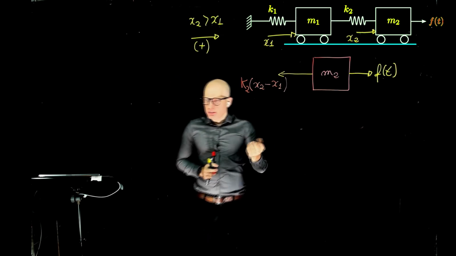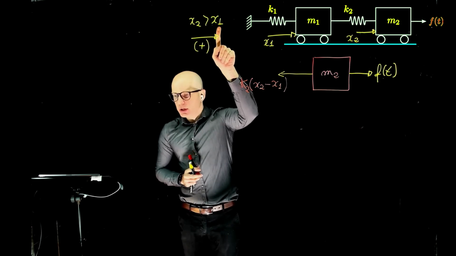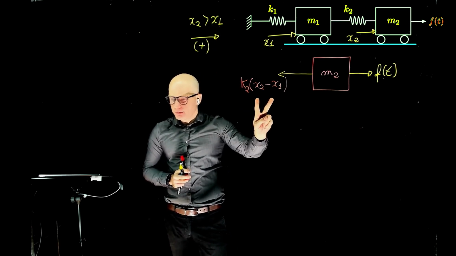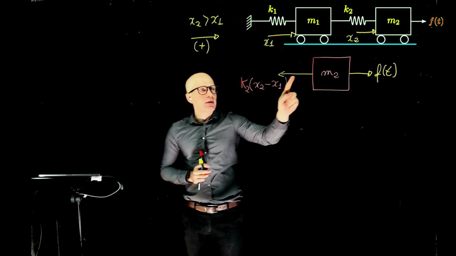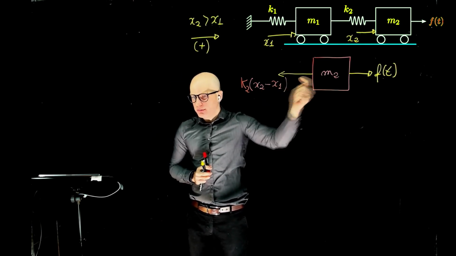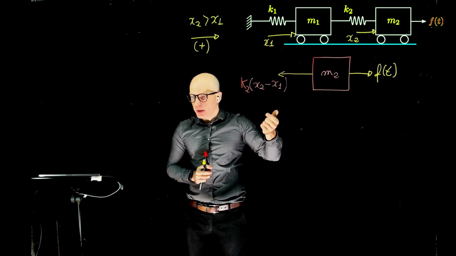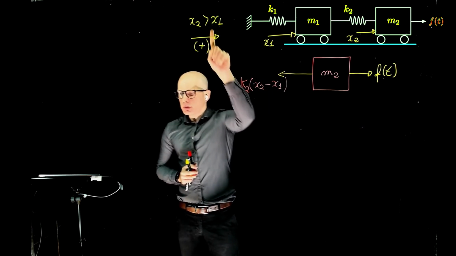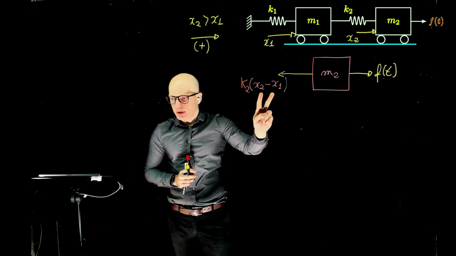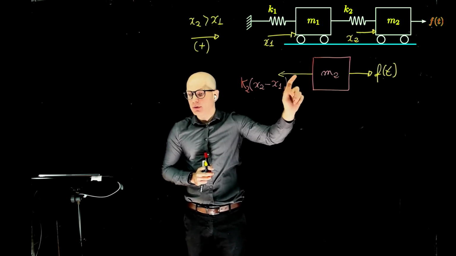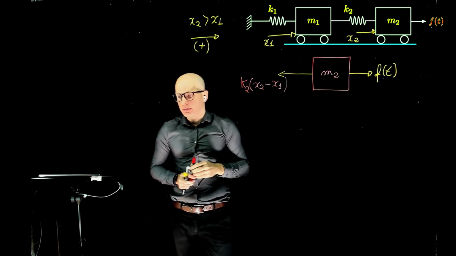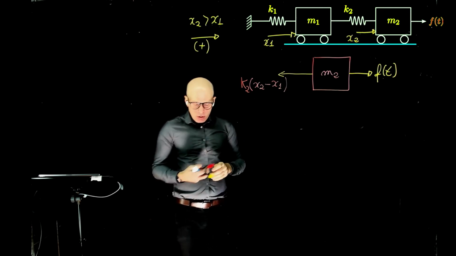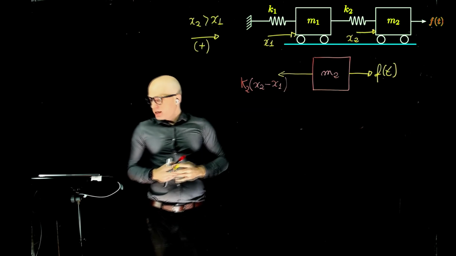We could do that, but our assumption is that x2 is greater than x1, which means this is positive, and then the direction we specified, pointing to the left, is correct. If you wrote x1 minus x2, it would give a negative number, which indicates you would have to reverse the direction of that arrow. Anything else acting on this mass?